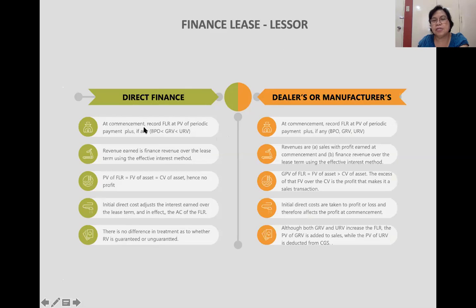Again, at commencement, you are to record the finance lease receivable at present value of periodic payment plus one of the following if applicable. Please disregard this less than sign. It's actually comma. So any of BPO, guaranteed residual value, or GRV.